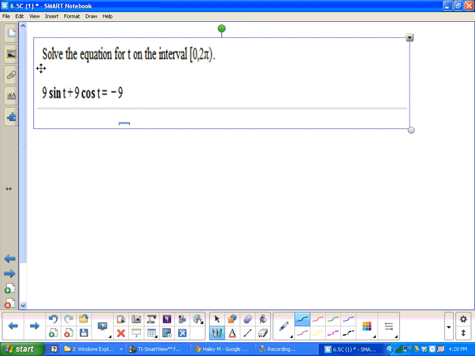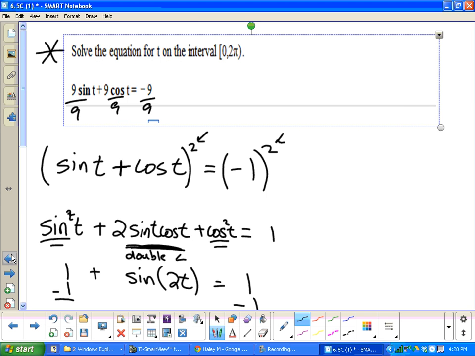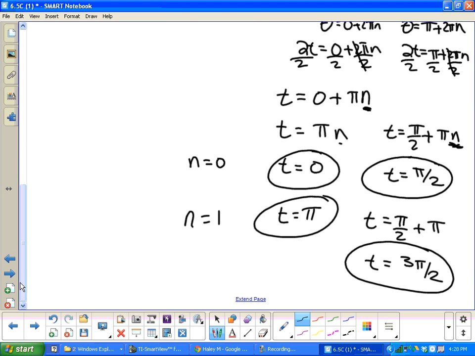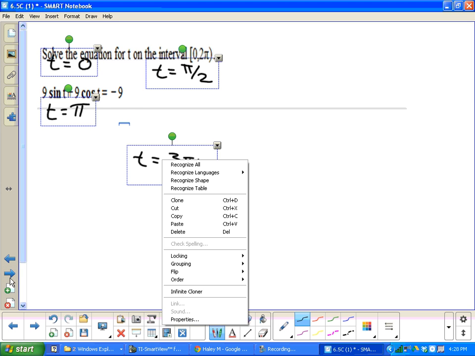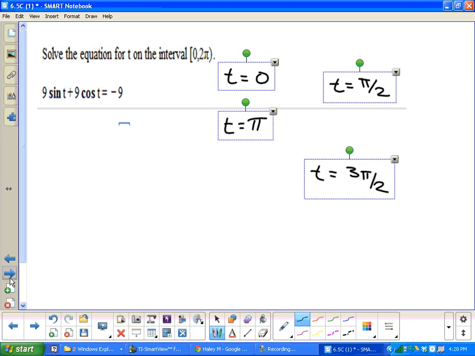There's the equation. All right, let me go back and get the solutions. So t equals 0, pi over 2, pi, and 3 pi over 2. Okay, so we're going to check all these solutions here.